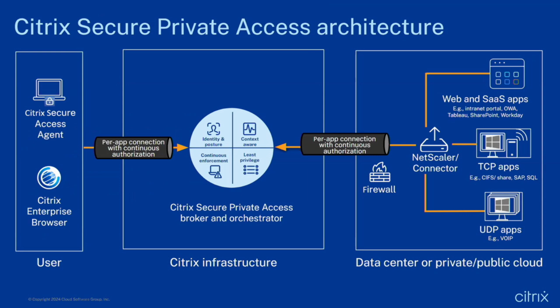And if any of these variables would break or change, the end user's access would be blocked or limited. The second one is you give least privileged access, which means that you're only giving this end user access to the applications they need access to.